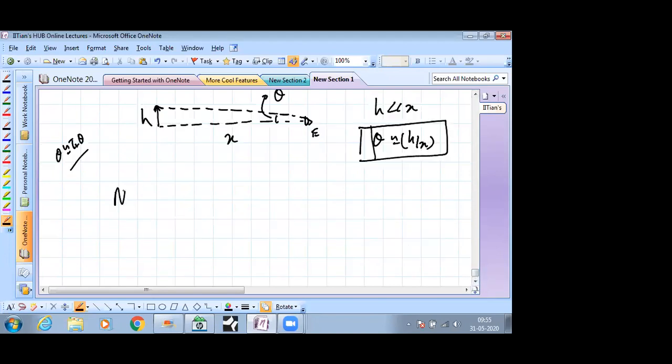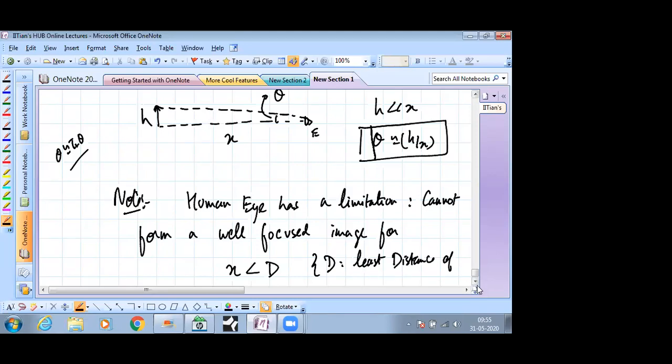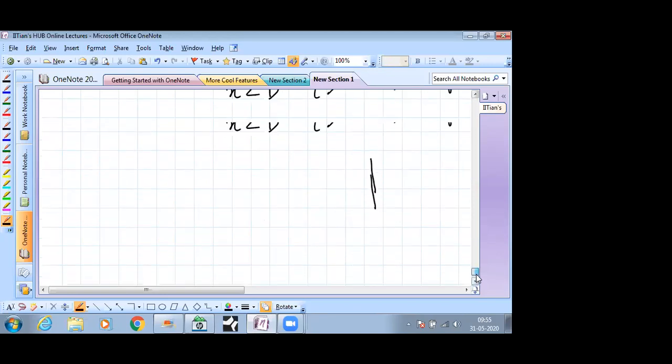So the human eye has a limitation, that it cannot form a well focused image for x less than capital D, where capital D is called the least distance of distinct vision. Anybody knows what the value of this is? The average value?